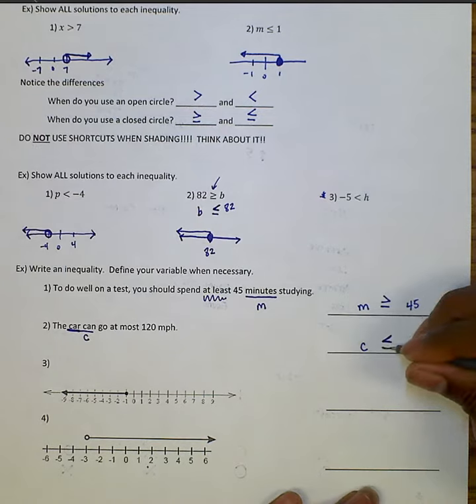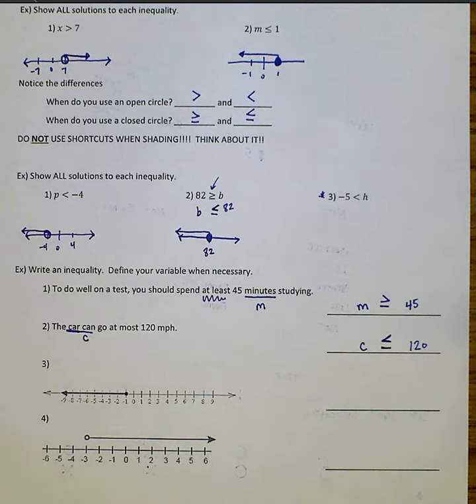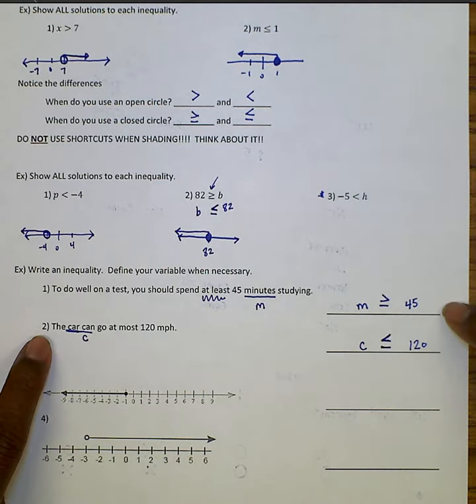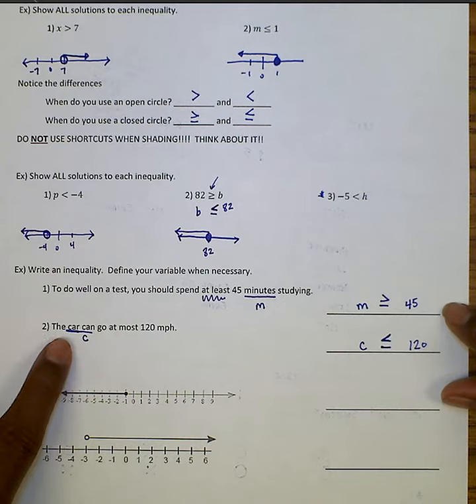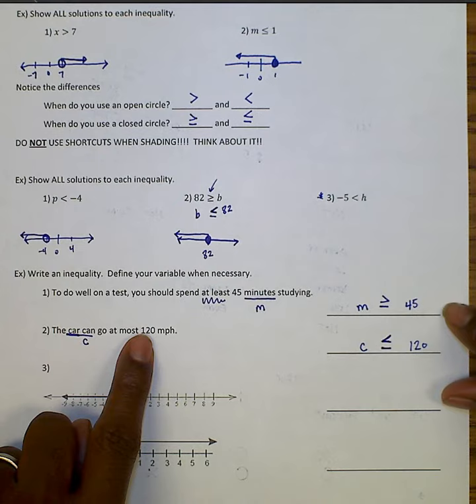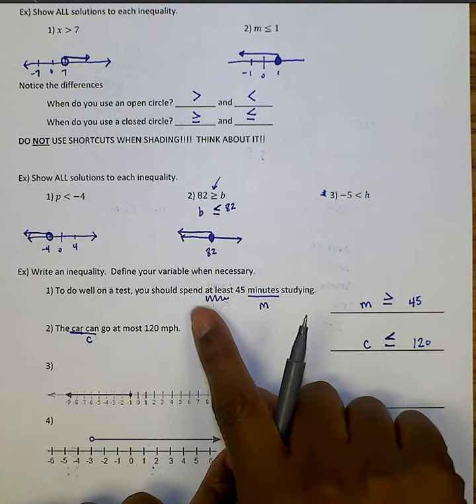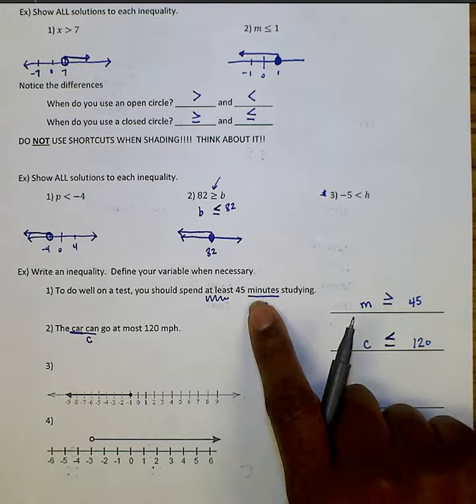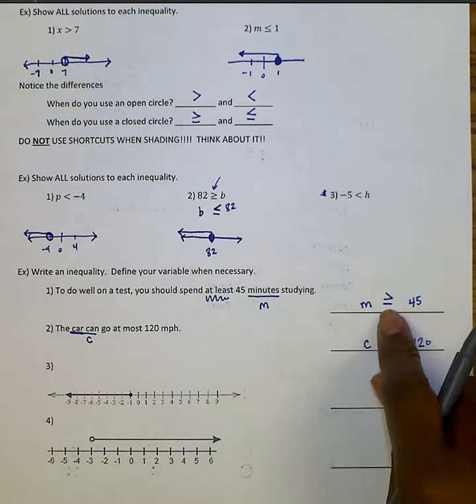So that means it's equal to. Okay, if it was going to be another situation, you could say the car can only go less than 120 miles an hour, so that we're not including it. Or I'd say you need to study more than 45 minutes, so that would be not including the 45.